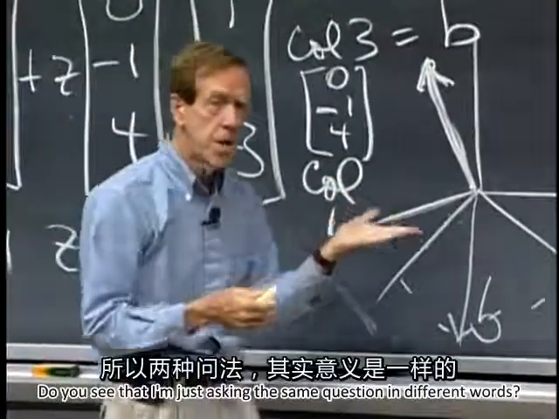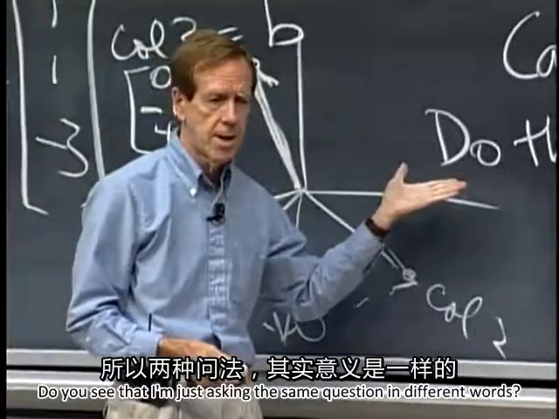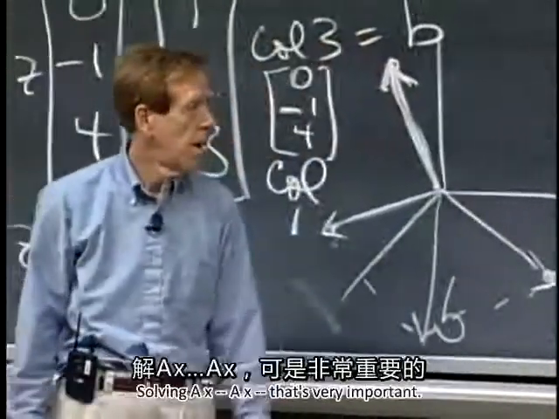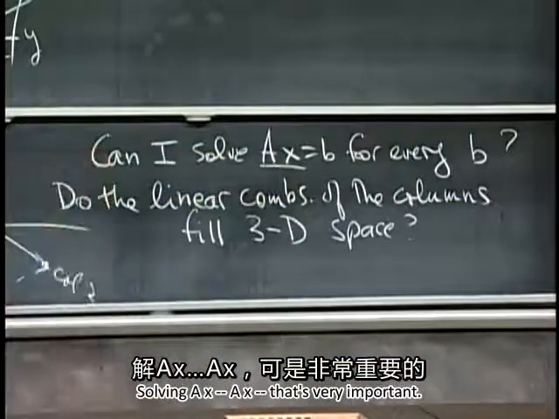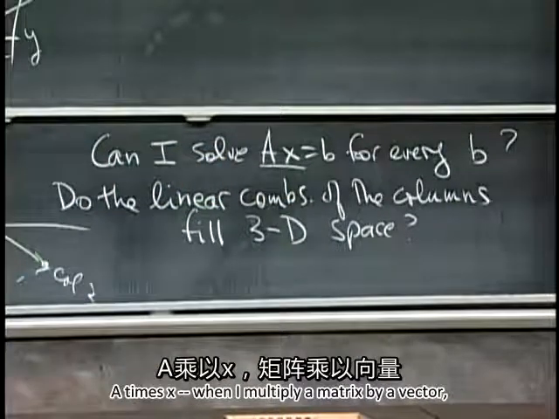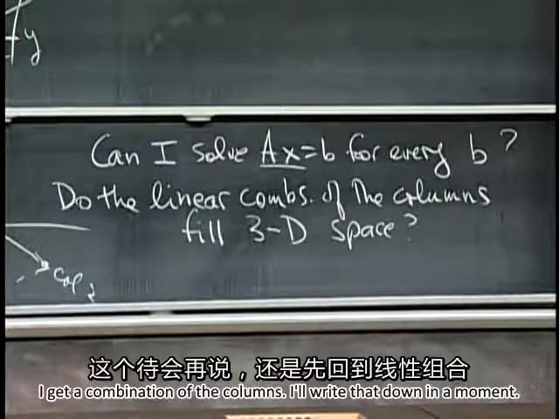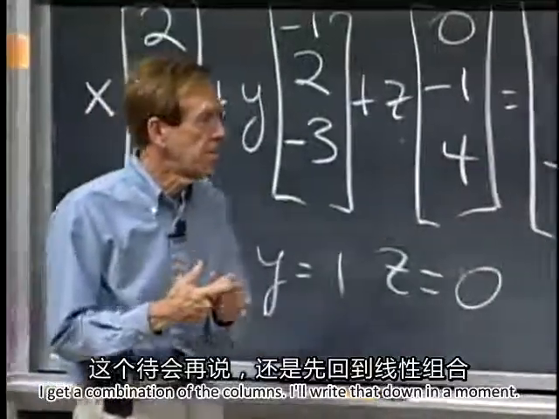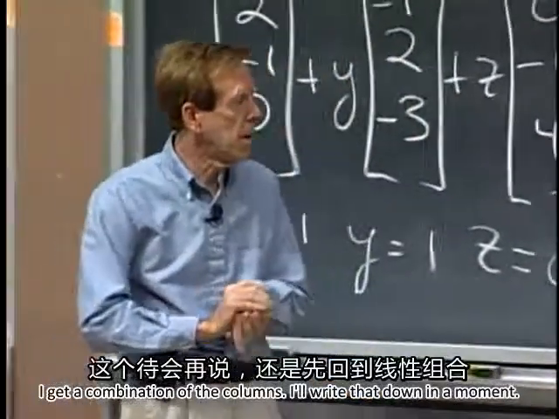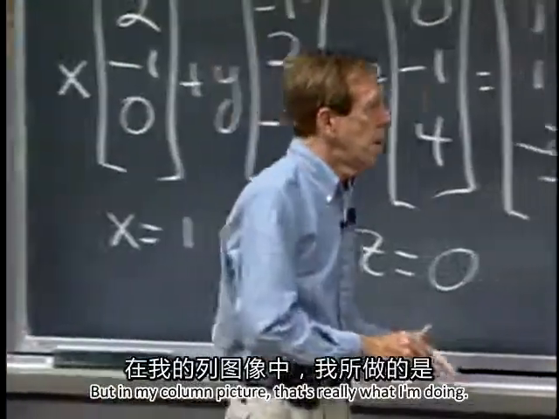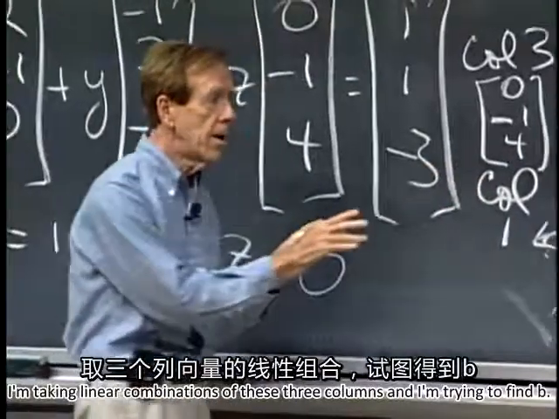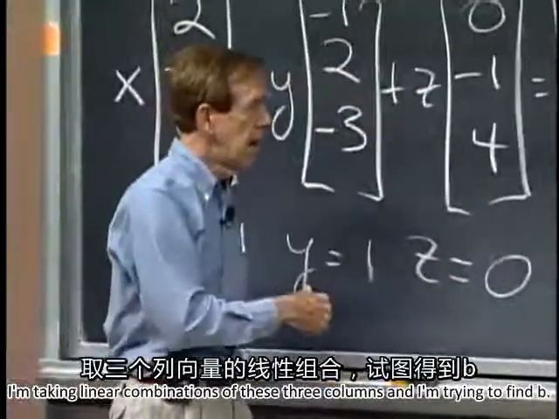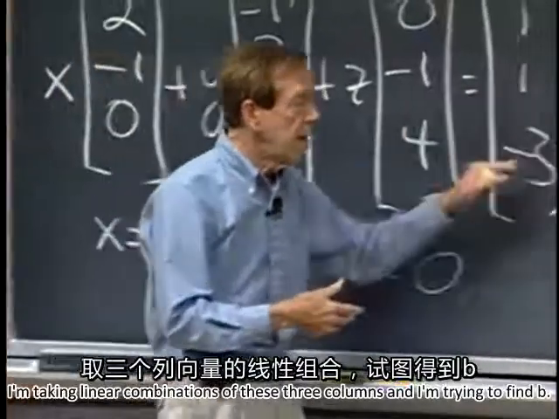Do you see that I'm just asking the same question in different words? Solving AX is very important. A times X, when I multiply a matrix by a vector, I get a combination of the columns. I'll write that down in a moment. In my column picture, that's really what I'm doing. I'm taking linear combinations of these 3 columns, and I'm trying to find B.